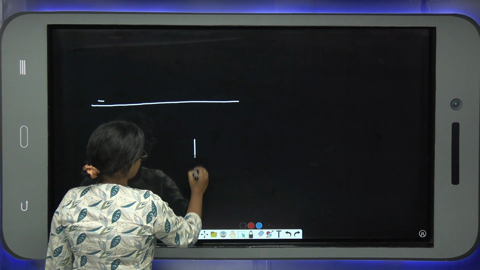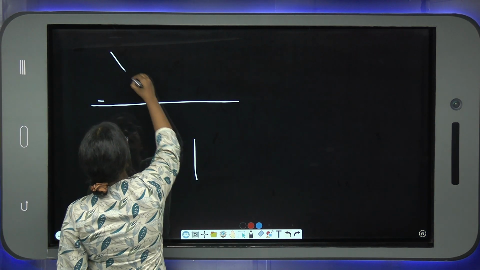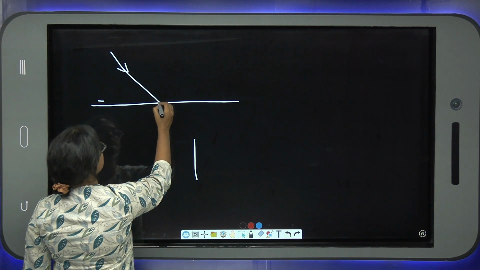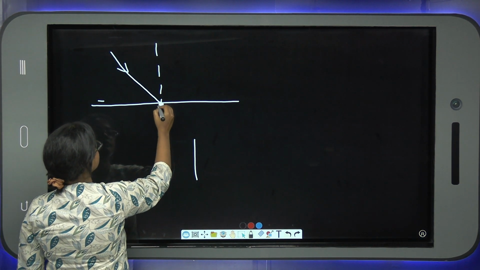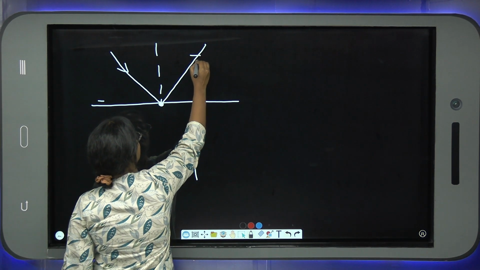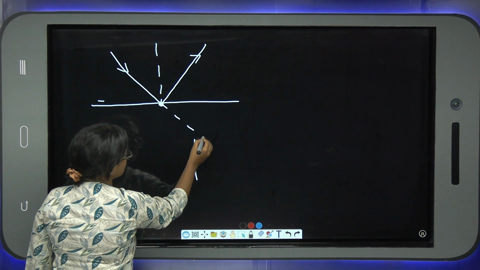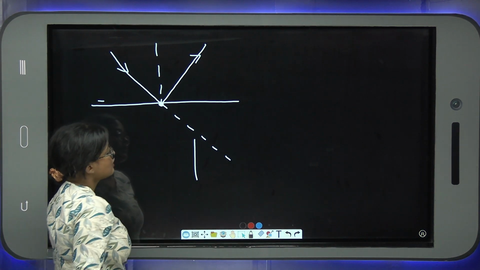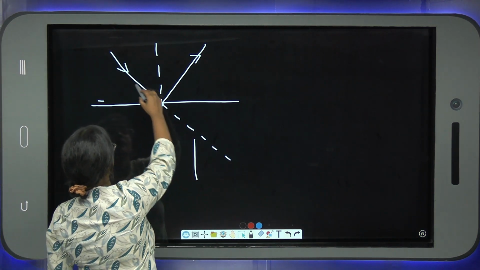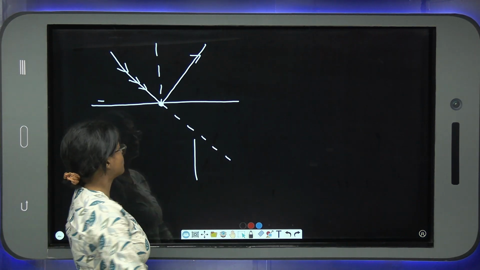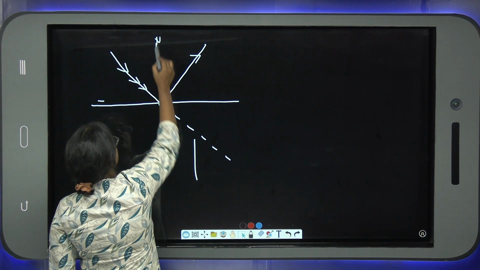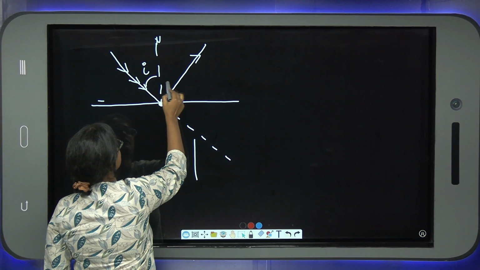the incident ray, this is our incident ray, this is our point of incidence, this is our normal, this is our reflected ray, this is the traced ray, where this light was actually about to pass through. These are our angles.